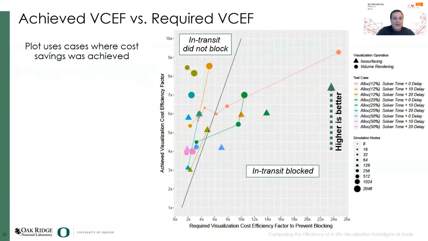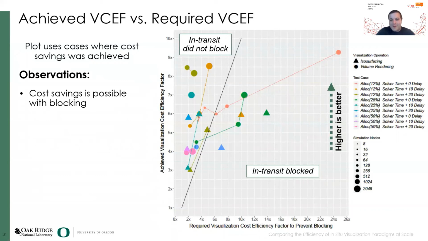And so this plot uses only cases where our cost savings was achieved. That's why there are fewer points here. So some observations we can make is that we did have a cost savings possible with blocking. So if you look at the volume rendering result, clear over on the right in the red, we can see that we achieved around a 9.5x VCEF value in that test case.